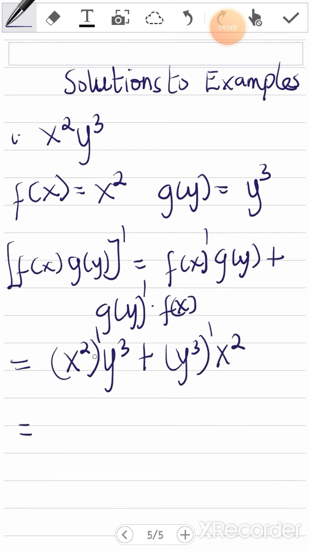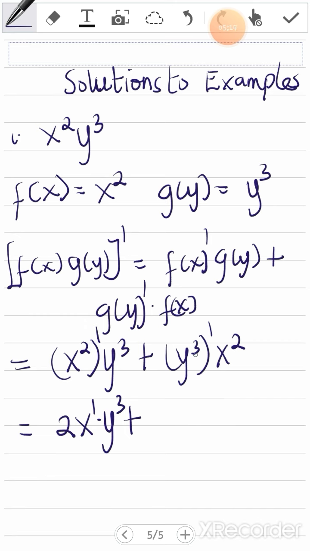When you differentiate x to the power 2 from the power rule, you're going to get 2x to the power 1 times y cubed, plus.